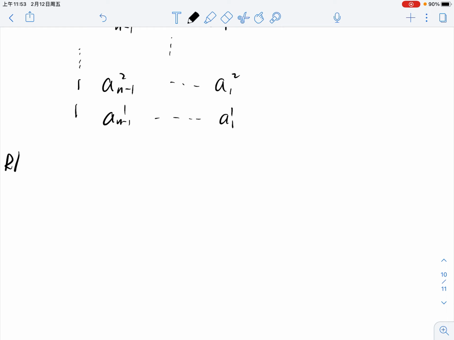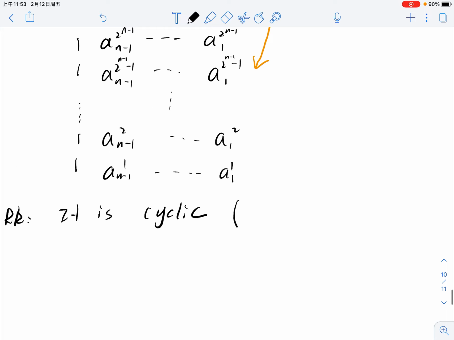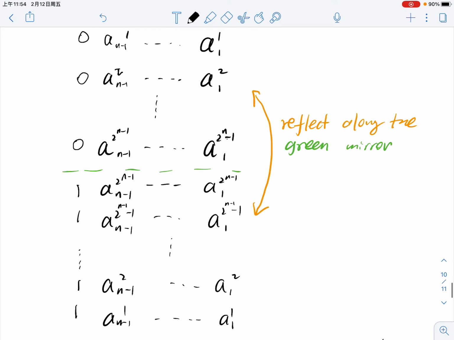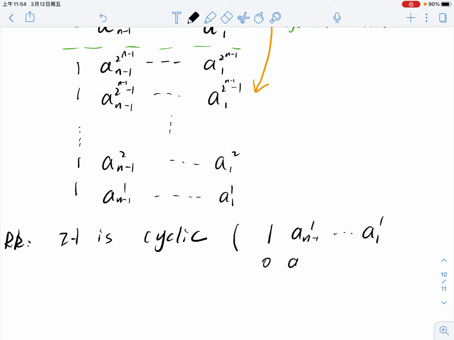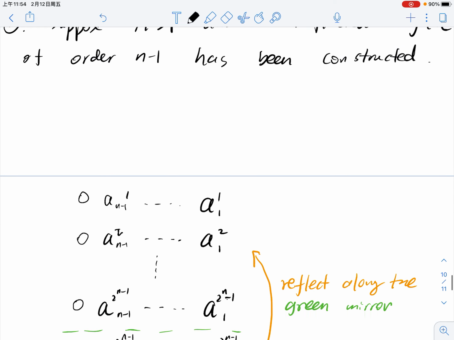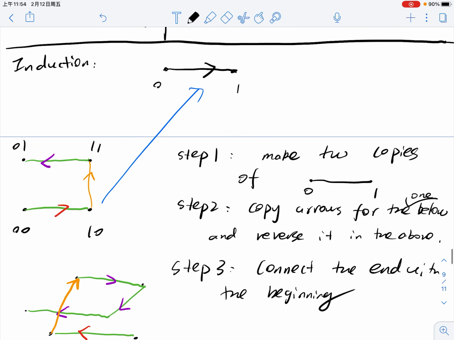And a very important remark is, it is cyclic. You will see the last code and the first code are adjacent, differing in only one position. So if you look at the picture, what does that mean?